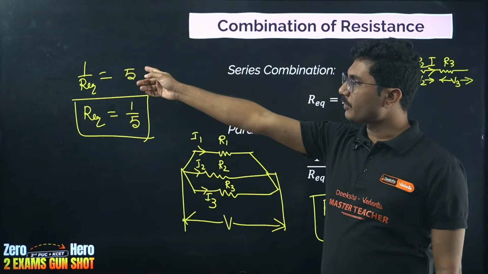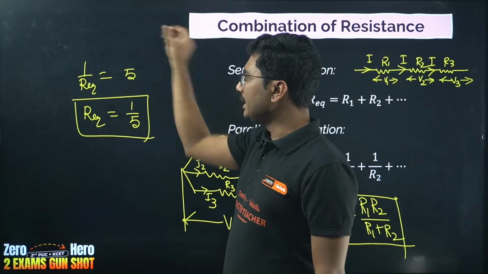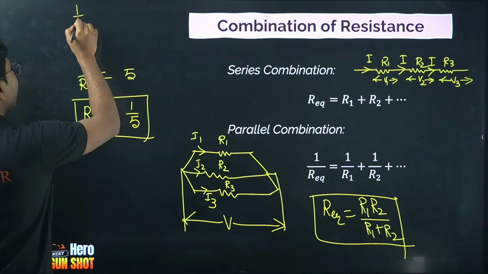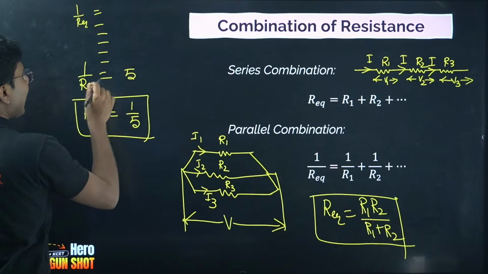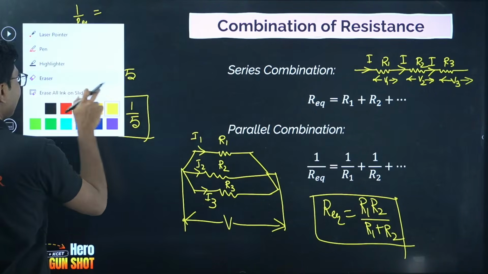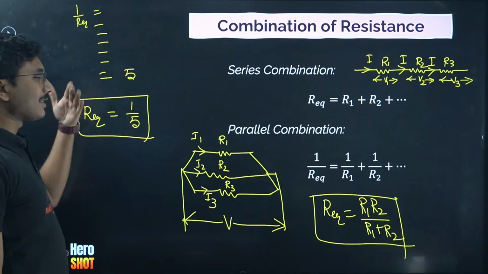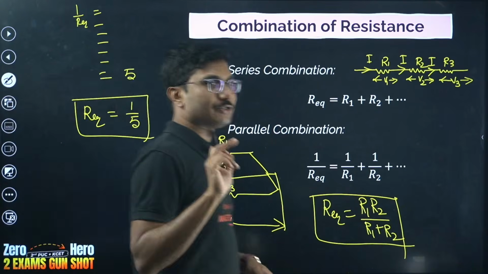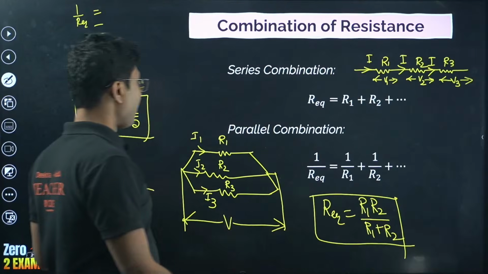They will give you option 5 as well as 1 by 5. Many times we forget that when we write 1 by R equivalent is equal to something, at the end this is not the equivalent resistance, this is 1 by R equivalent. So you need to take the reciprocal of that to get the correct answer. Don't make that mistake. Clear? Okay.